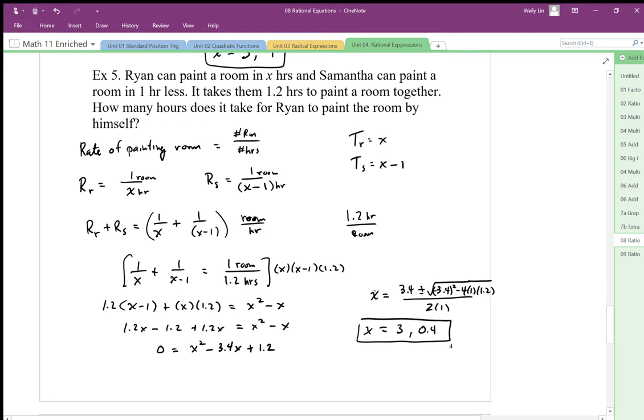That doesn't make any sense. So we need to eliminate that 0.4. Although it's a valid algebraic solution, it is not a valid solution for this particular problem. So Ryan paints the room, one room, in 3 hours.